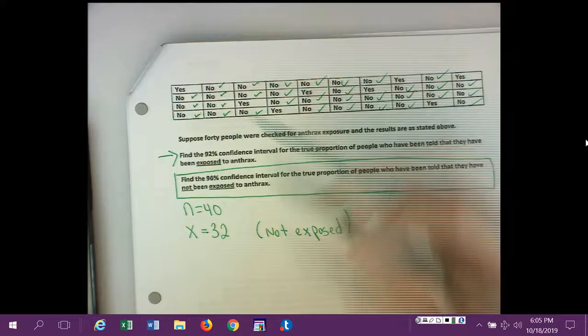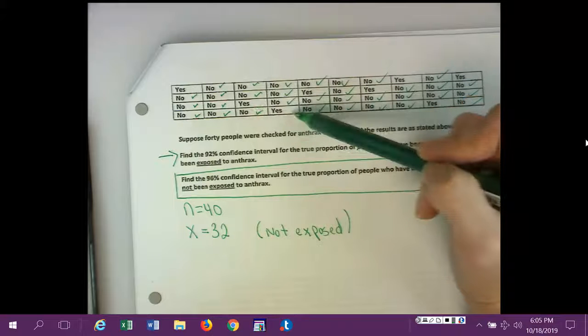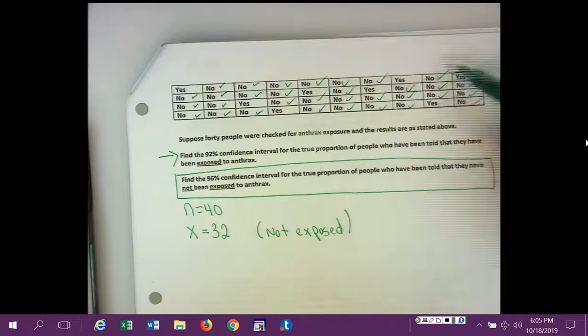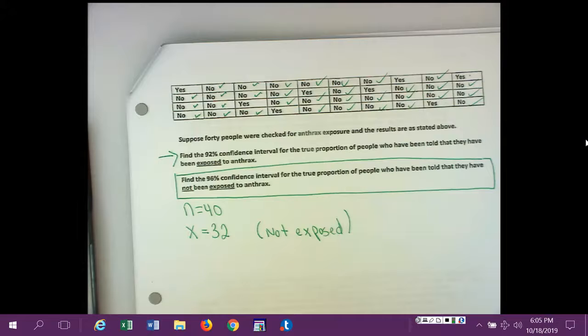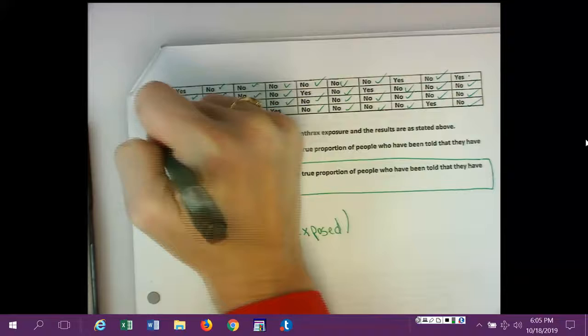As you can imagine, if you were to count up the people exposed, 8 people were exposed. 1, 2, 3, 4, 5, 6, 7, 8. So for this problem, number 1, all of those exposed, N is 40, but X is 8.